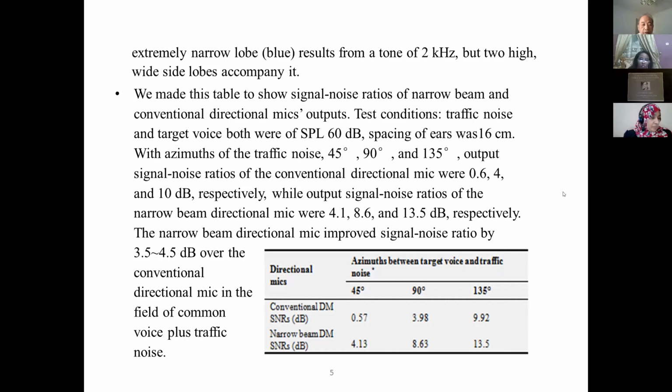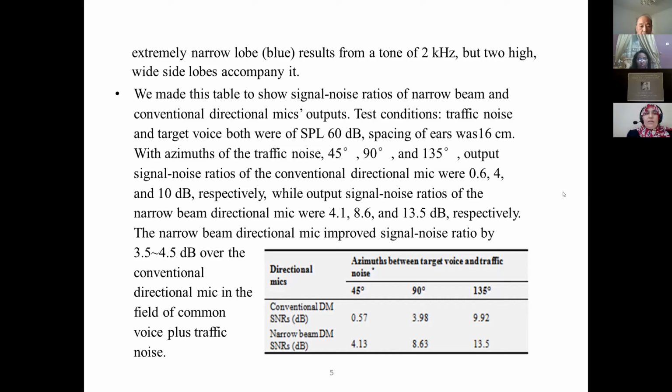Output signal noise ratios of the conventional directional mic were 0.6, 4, and 10 dB respectively. While output signal noise ratios of the narrow beam directional mic were 4.1, 8.6, and 13.5 dB respectively.